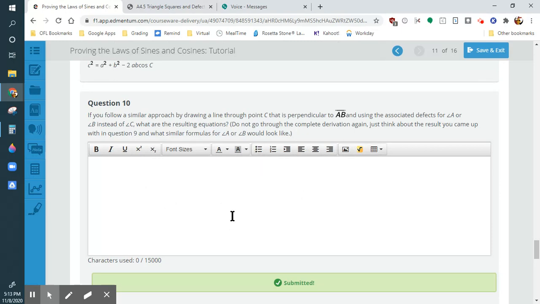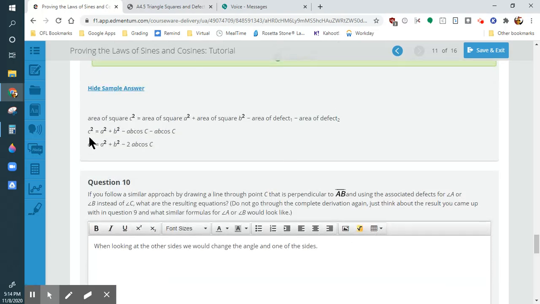So in here we would write: when looking at the other sides, we would change the angle and one of the sides. You just say that because if we're talking about side A, for example, we're going to switch this to be angle A. And obviously we're not going to have C here.